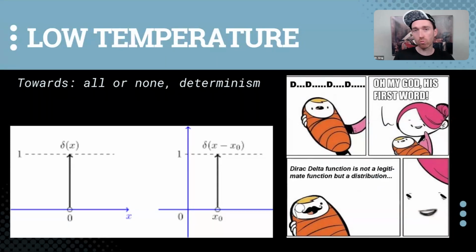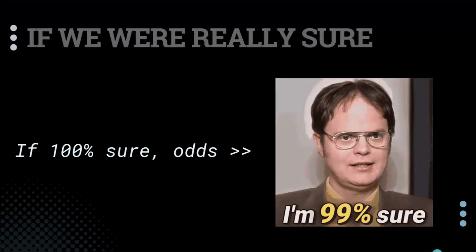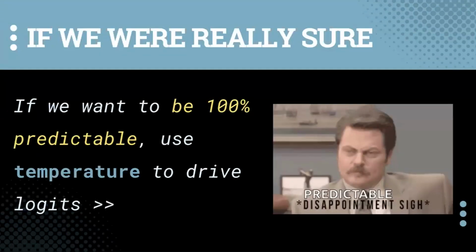And so even just right there, you can start to see the beginnings of guardrails. Again, if we're 100% sure, we want the odds of this next token to be quite high. And if we want things to be 100% predictable, we could use temperature to really drive the Logits in that direction, to really magnify the things that are most predictable by using a very low temperature.